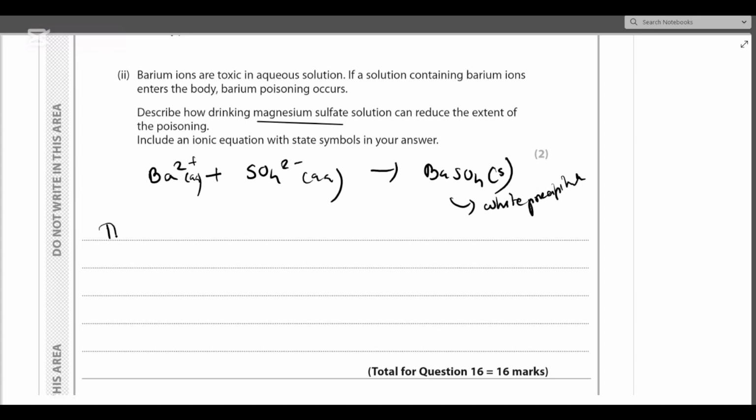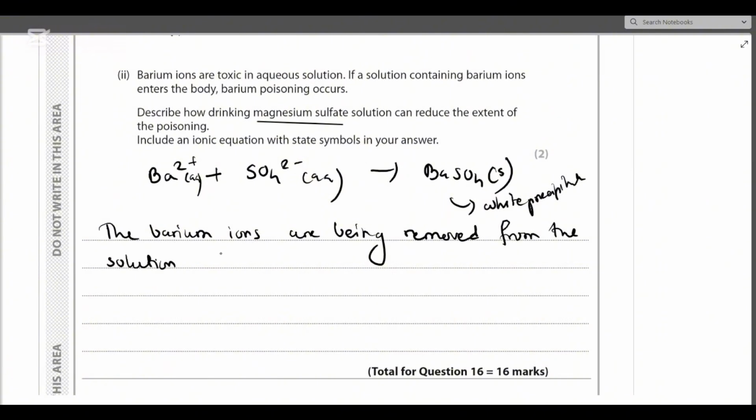We can write that the barium ions are being removed from the solution by precipitation of insoluble barium sulfate.